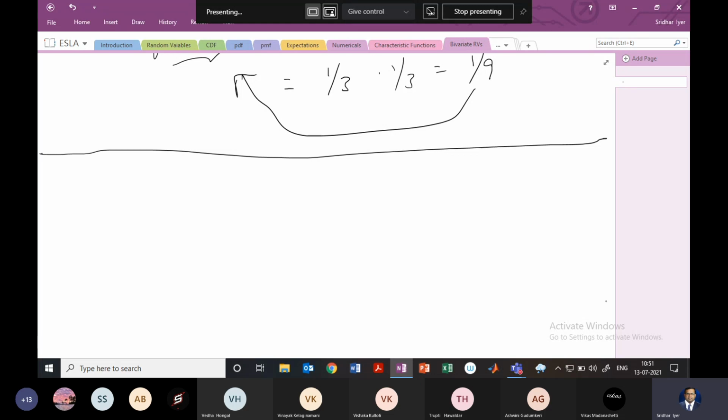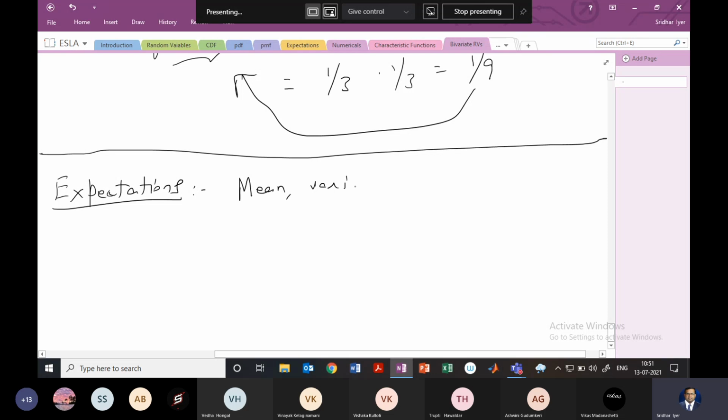Now apart from this, in tomorrow's lecture we'll be dealing with expectations, that is, the mean, the variance, and hence the standard deviation. This is something we have already done for single random variables.